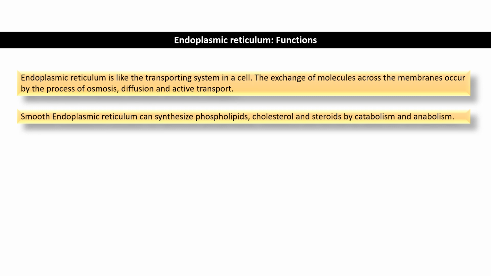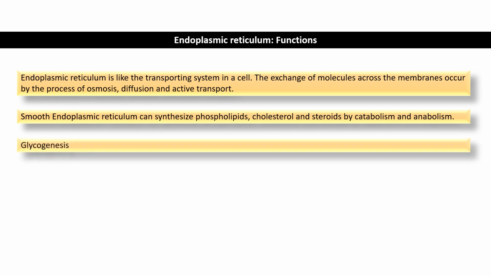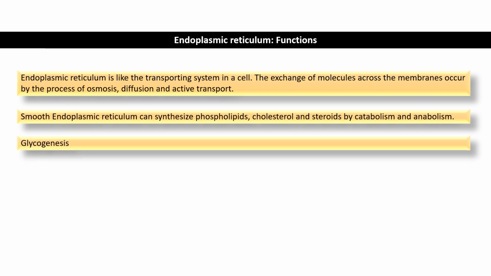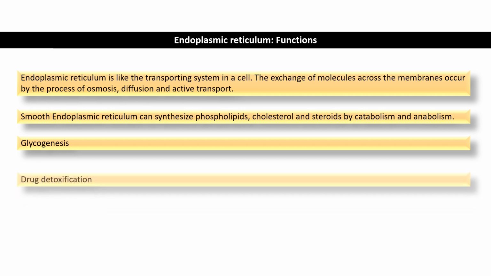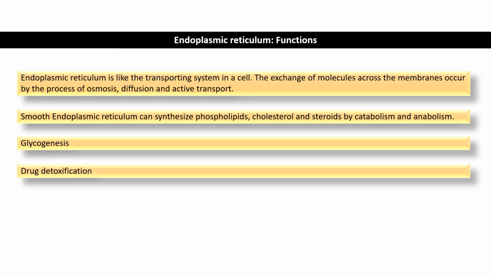Now this is all a lipid breakdown process. And then the next one we have is lipid metabolism. Now the next one we have is glycogenesis, which is the process of breakdown of glycogen, which is also another function of endoplasmic reticulum.